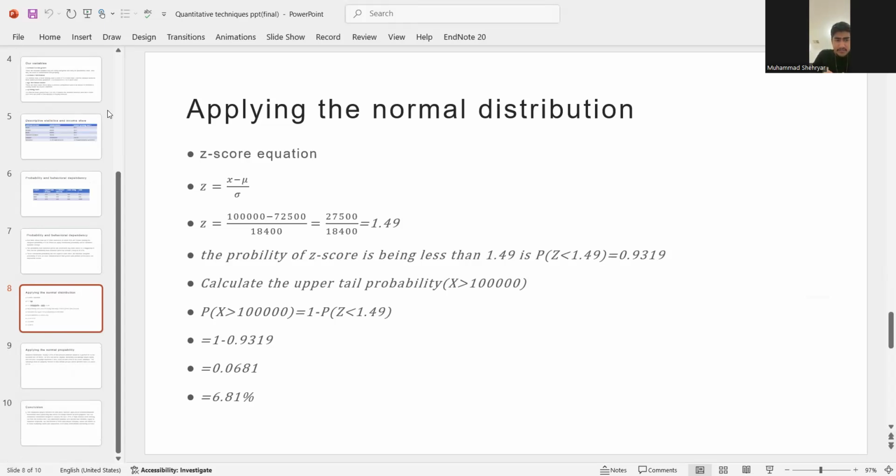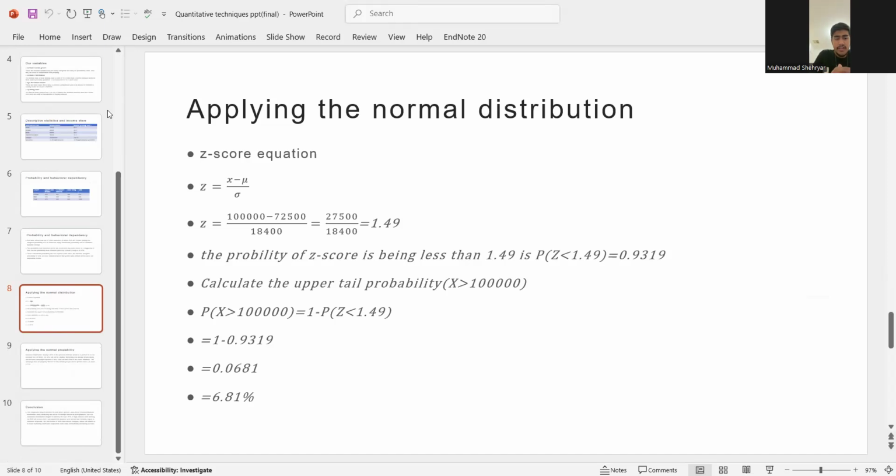This means that 6.81% of our current customer database naturally qualifies for the premium tier, and the 93.19% will not be eligible.